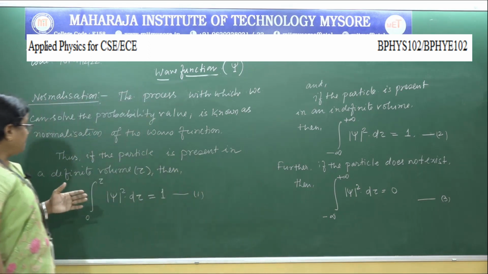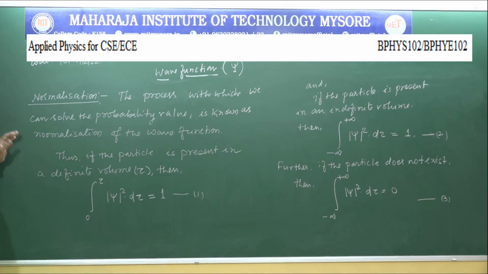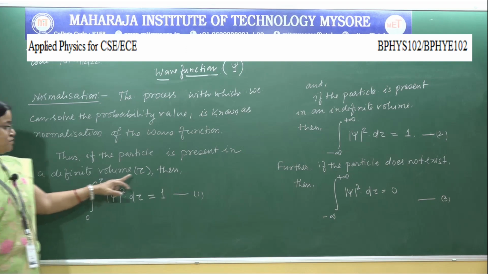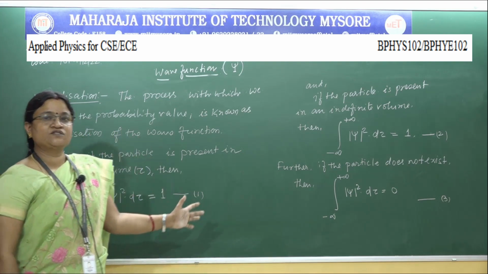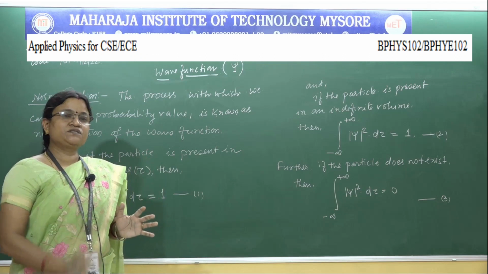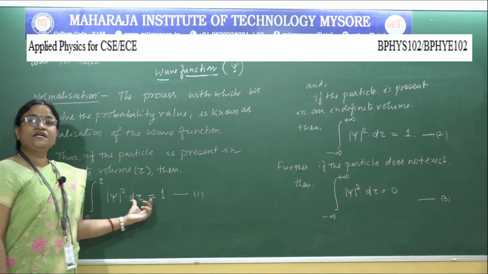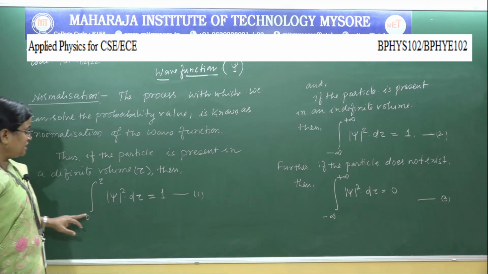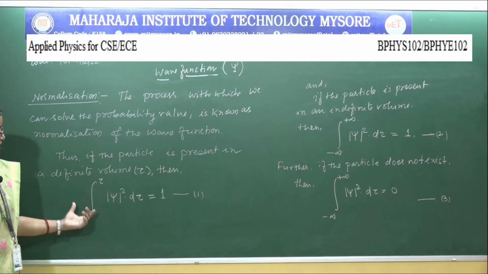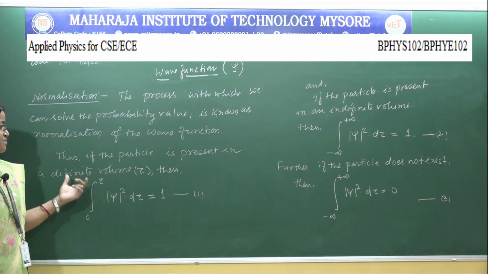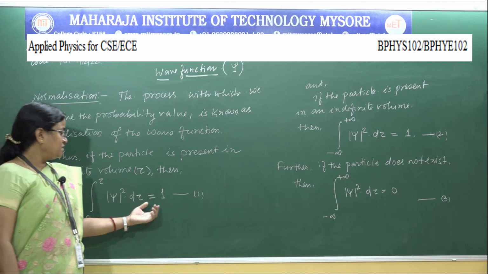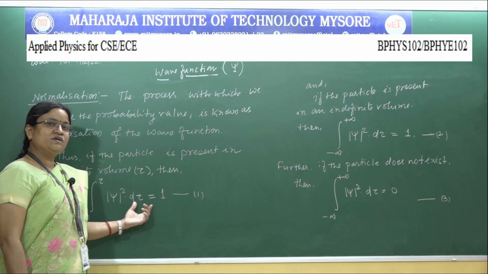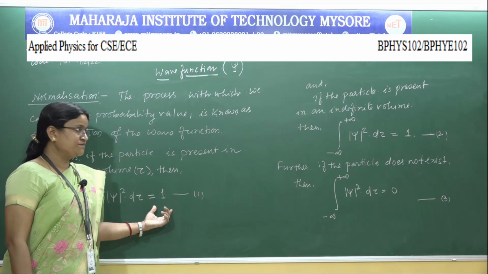Means if the particle is confined in a definite volume tau, like this room, then we have to integrate psi square with respect to d tau within the limit 0 to tau, and it will be equal to 1.